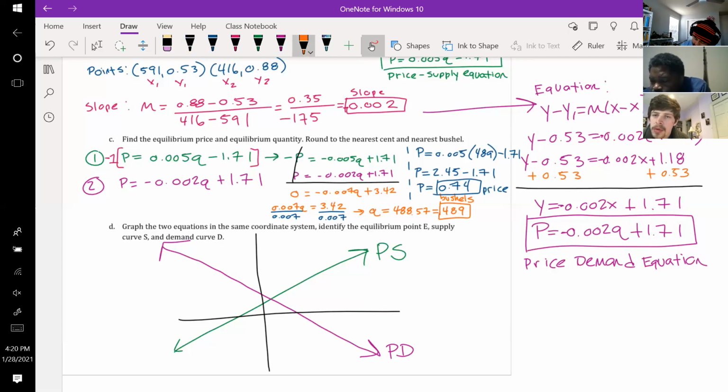And this point right here is the equilibrium point we found of 489 and 0.74. That's it. We don't have to be perfect about it.